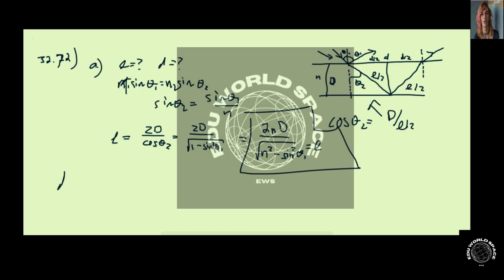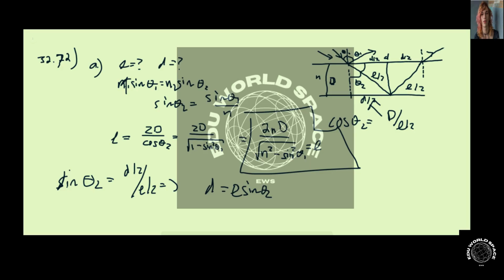Cool. So now let's go into d, and let's look at how we can relate this. If we look at the sine of theta 2 here, that's given as the opposite over the hypotenuse. The opposite here is d over 2. So we can write the sine of theta 2 as d over 2 over L over 2, or we can relate this as d being L sine theta 2.